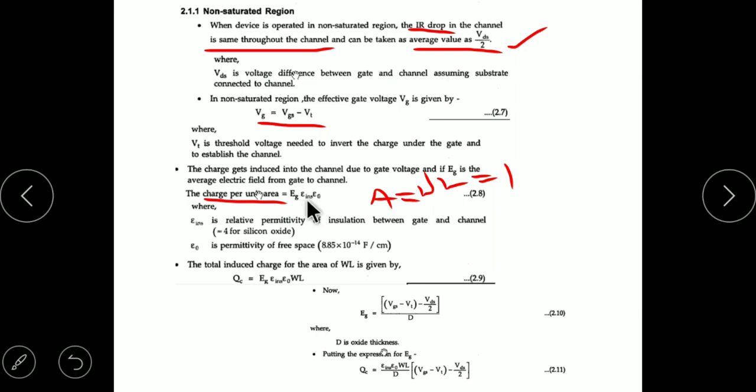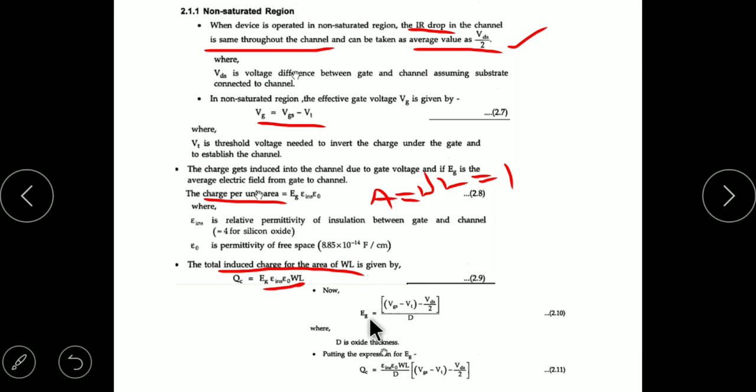Epsilon insulator is the insulator permittivity, and epsilon naught is the permittivity of free space. Then the total induced charge for area WL is Eg into epsilon insulator, epsilon naught into area W into L.